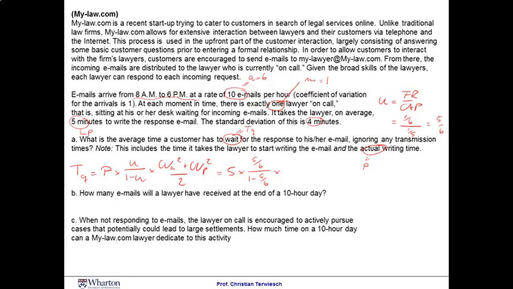Coefficient of variation of the inter-arrival time is 1, and so 1 squared stays a 1. Plus CVP squared. Well, the standard deviation here is 4 minutes, and the mean is 5 minutes, and so we are dealing here with 0.8, 4 divided by 5, 0.8, and we're going to square this, and then we're going to divide both of these by 2.